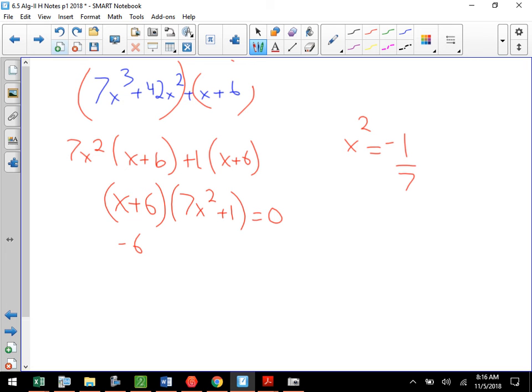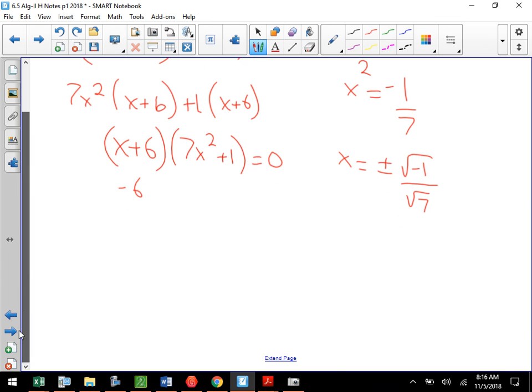You okay with that? Subtract and divide. Take the square root over an equal sign. It's going to be a plus or minus. And I'm going to write it out as two separate square roots real quick. What's the square root of negative 1? i. Good. All right, so my numerator becomes i over root 7.